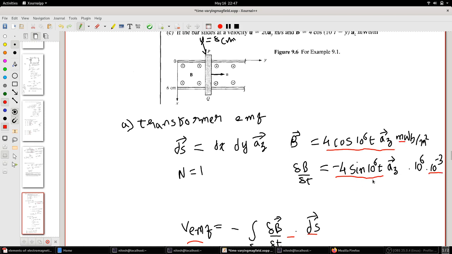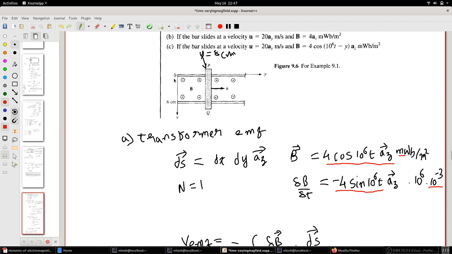This is your del B by del t. Now ds is the area changing in dx and dy, the two sides of this area, and the direction is perpendicular to the area, coming out towards us, which is Az. So dx dy Az is the ds vector.